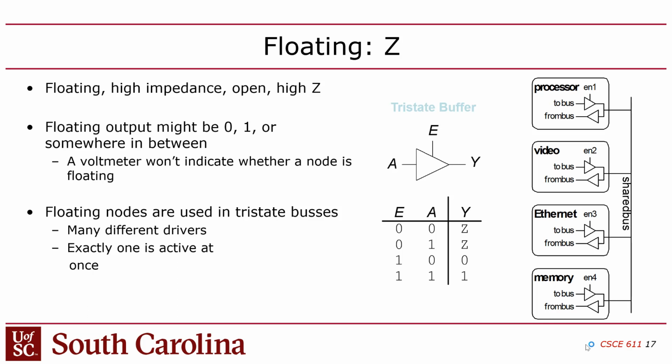This can be a bug in your code if you have a typo, like if you try to drive a signal and you misspell a signal name, then you've basically cut the wire. If you have two signals that were supposed to be connected, shorted, but you put a typo in one of them, then you've disconnected them, and you may see a Z.